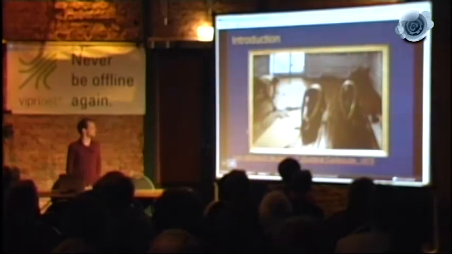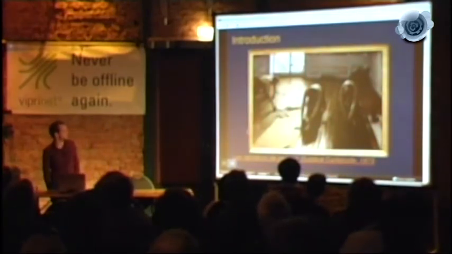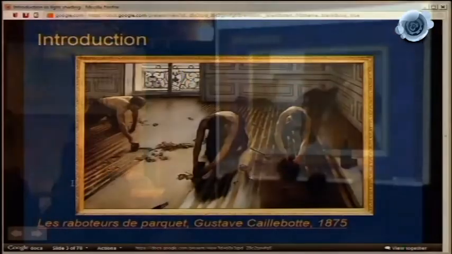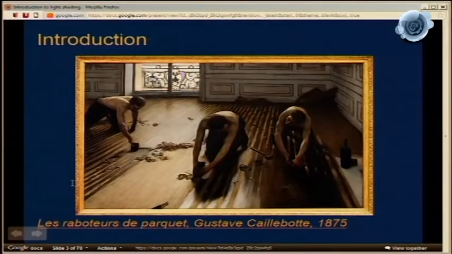Take a look at this painting, for example, from Gustave Caillebotte from the late 19th century. It's presenting what appears to be some workers in what seems to be a pretty usual flat in Paris, and they're working on the floor. And what I like in this painting is how the painter used the reflections of light through the window to tell us a lot of things about the floor.